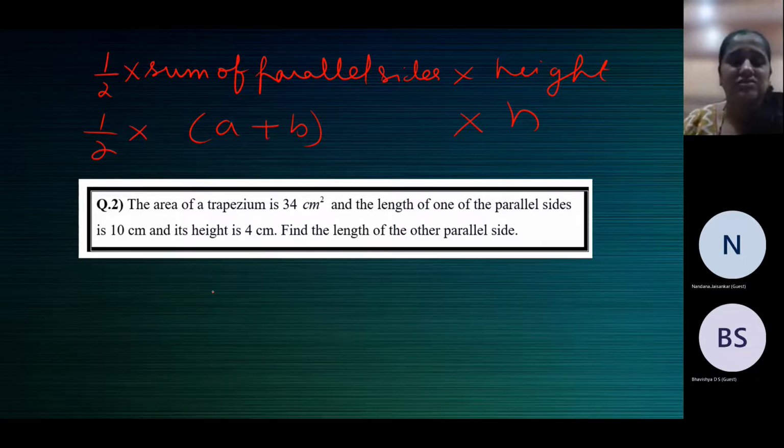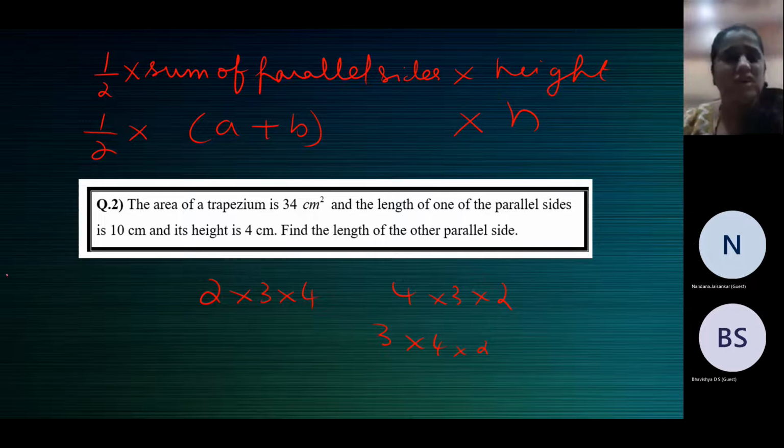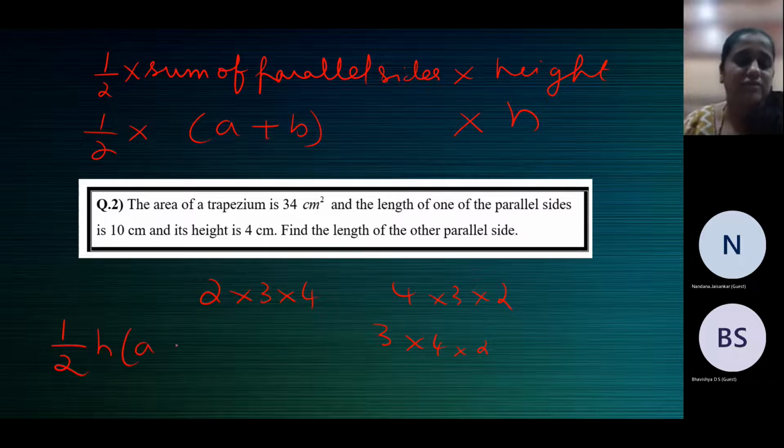You can write it any way since it's a product. 2 into 3 into 4 is the same as 4 into 3 into 2, which is the same as 3 into 4 into 2. Like that, since it's a product, half into a plus b into h, you can write it in a different order also. You can also write half h into a plus b. It's the same. You can change the order.